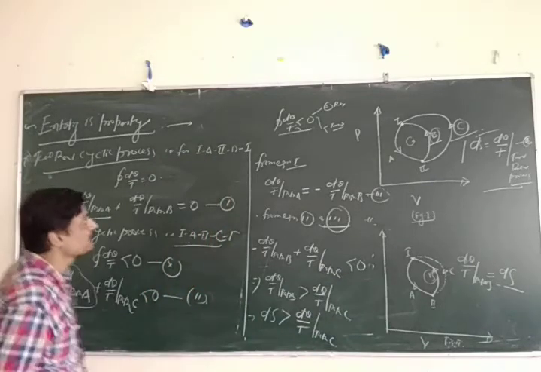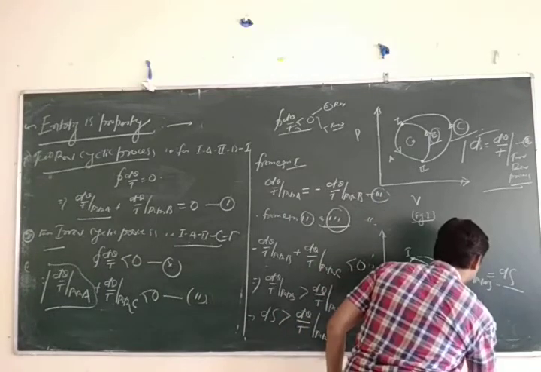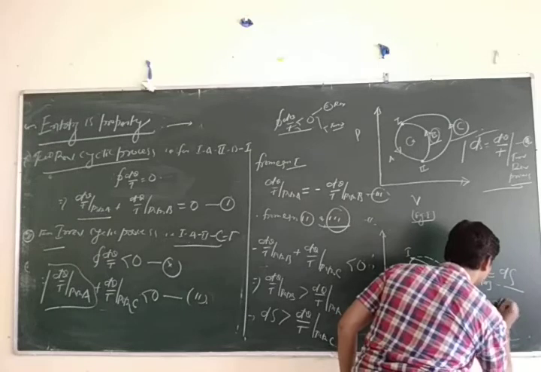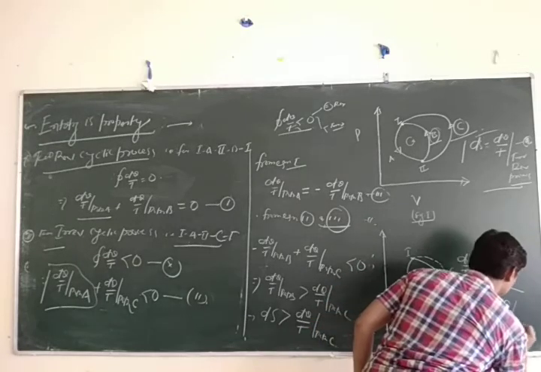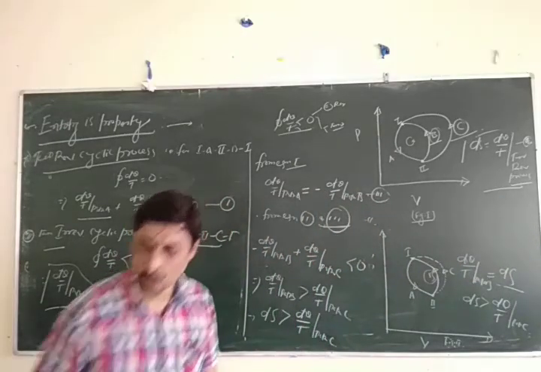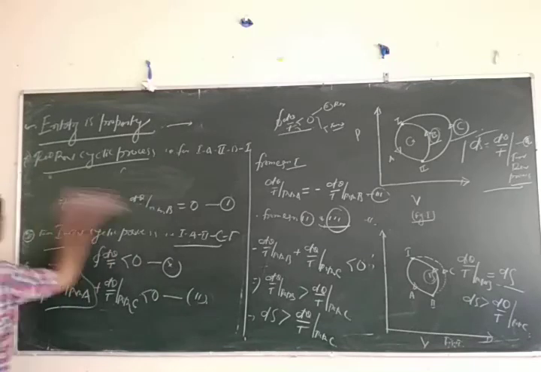So, what is our conclusion? In this condition, ds is greater than dq by T for path C. So, what conclusion do we have after this discussion?